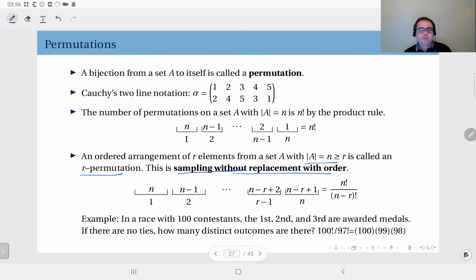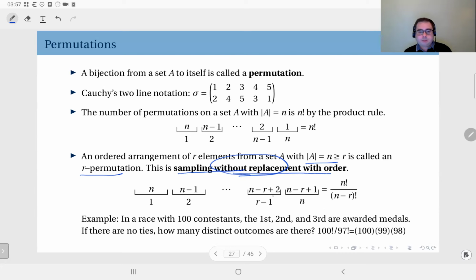Order is important because we have to map every element to a distinct element, and sampling without replacement means you cannot reuse elements. You can use every element once at the most.